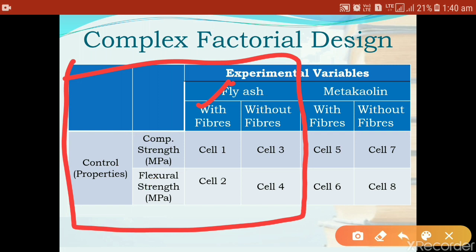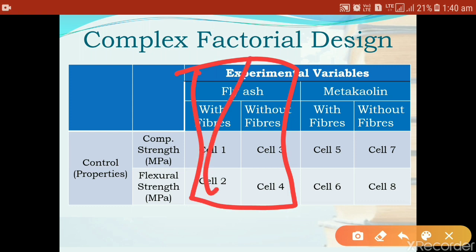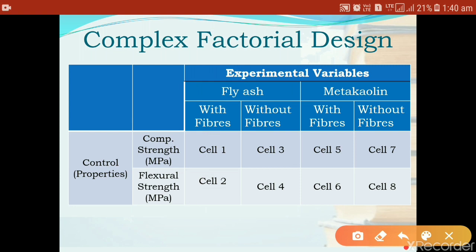Or if I am considering, not considering this thing, then again 2 treatments are there and 2 controls, again this is a 2 by 2 simple factorial design. But if I am considering every variable, then it is 2 by 2 by 2 complex factorial design.